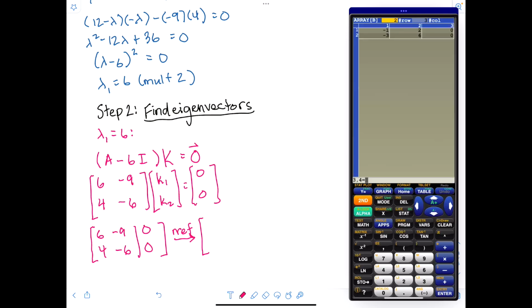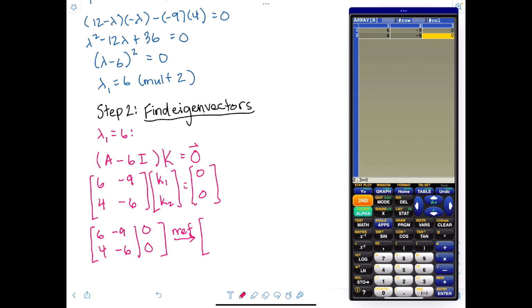And we'll edit B. And we will have 6, negative 9, 0, and then 4, negative 6, and 0.